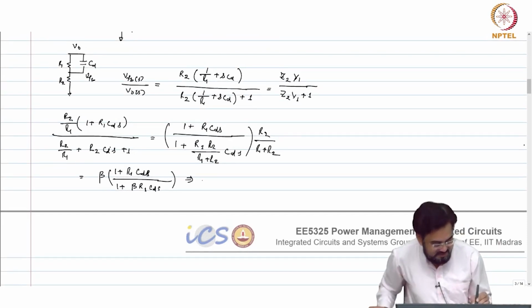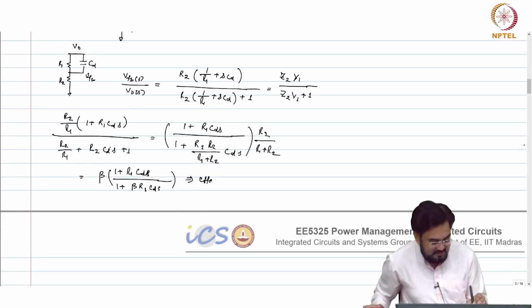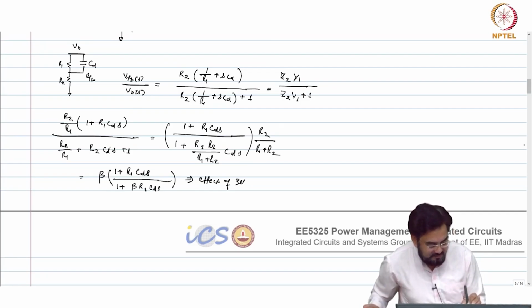Which means effect of 0 is cancelled out due to pole.